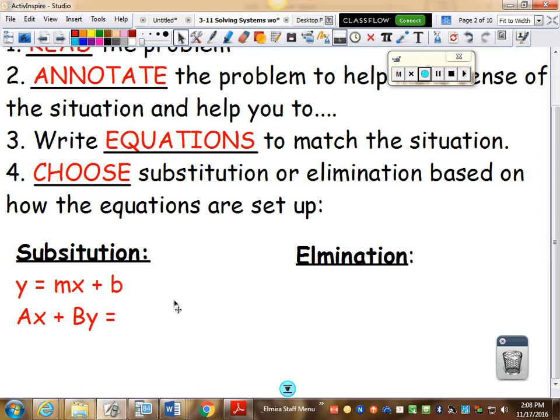Let's put it that way. So substitution would be easier when you have one of your equations in y equals mx plus b form and the other equation in standard form. Elimination is easier when you have both equations in standard form. Okay?